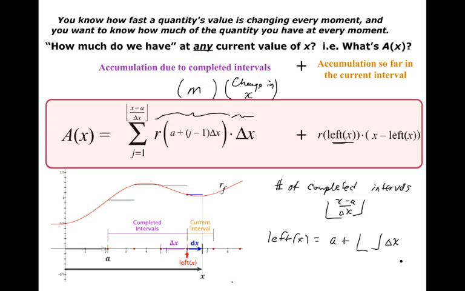Make sure you know the difference between the number of completed intervals and how we use that. We use that to get the x value at the left side of the current interval. And what kind of value is left of x? Another x. It's not a rate. We take that and we put it into the rate function to get the constant rate, the r of left of x.